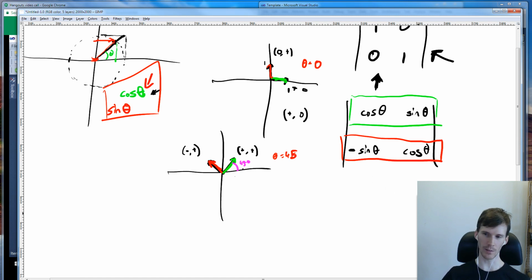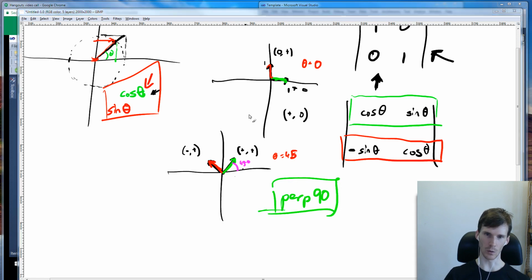And also, if there's another way to derive this, if you remember, we had the perp 90 function, and what you could do is you could take your... because we know that this is perpendicular in this particular space, and it's perpendicular in this particular space. Like there's no skewing or anything going on.